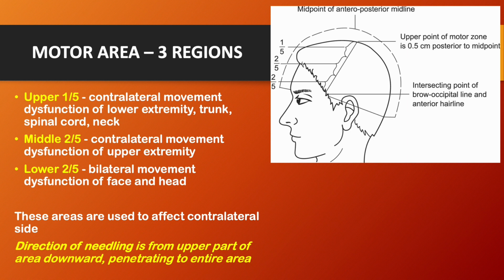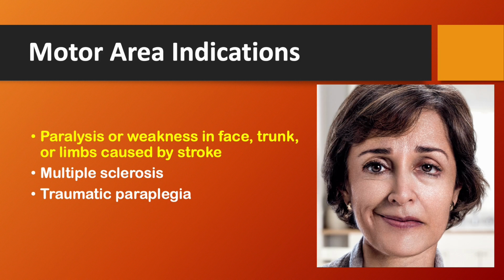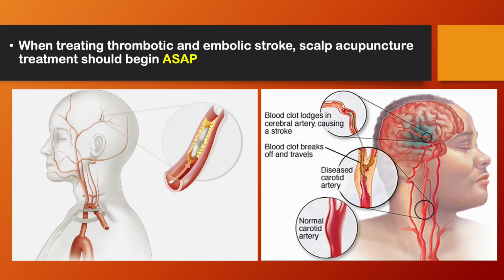The direction of needling is from the upper part of the area downward, penetrating the entire area. The indications for the motor area include paralysis or weakness in the face, trunk, or limbs caused by a stroke, and also multiple sclerosis and traumatic paraplegia.